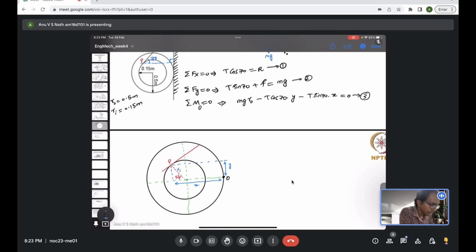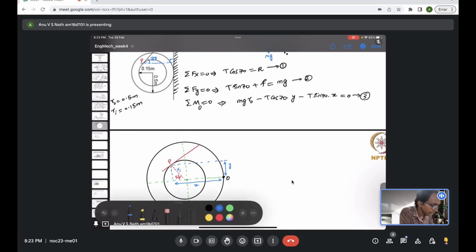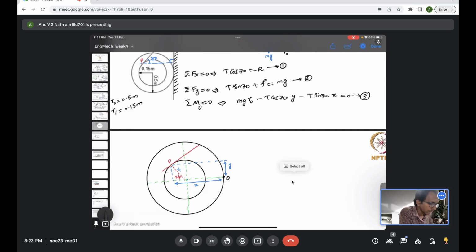Now if you see the projection of R inner along the vertical direction is just y, right? So y is R inner times sine 20 degree. I hope that is clear. The projection of R inner in the vertical direction is just y.